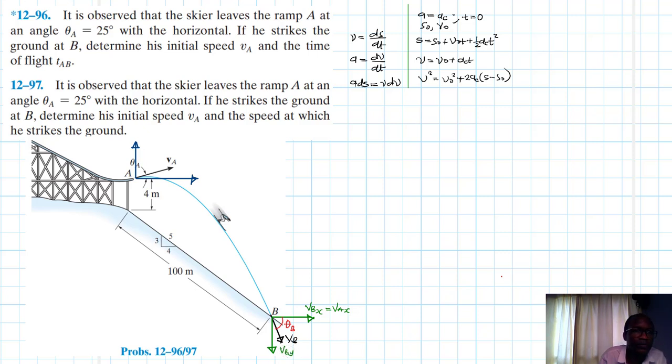Of course, this is theta A here, which is 25 degrees. And therefore, this is our VAY, which is equal to VA sine 25. And this is our VAX, which is equal to VA cos 25.